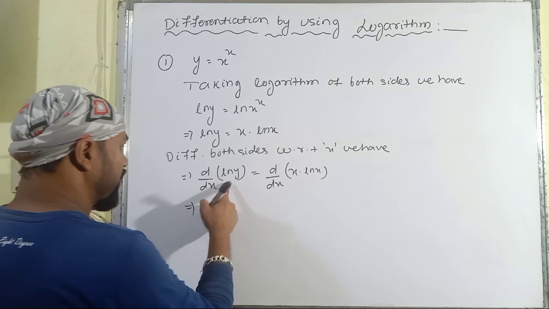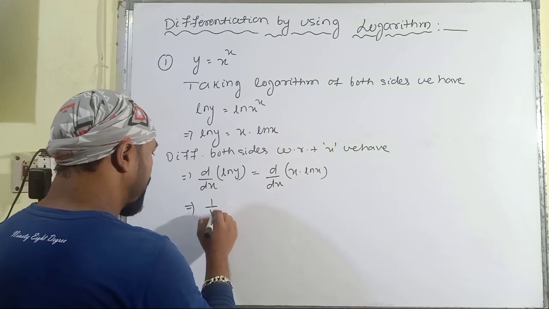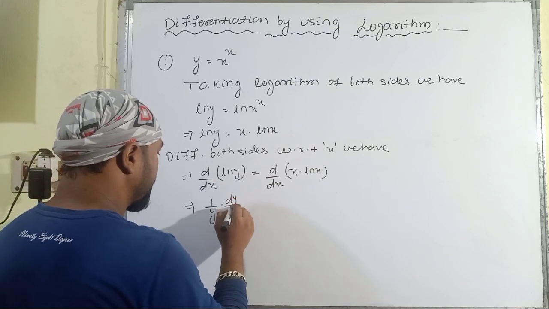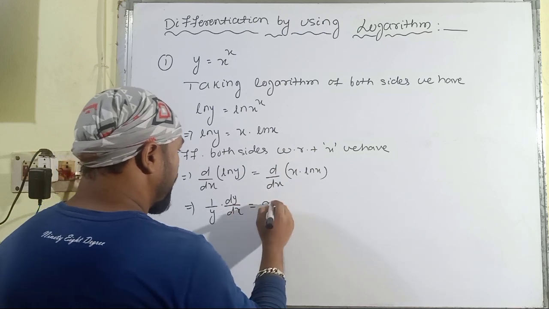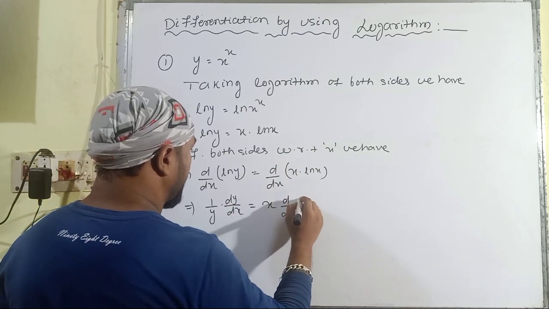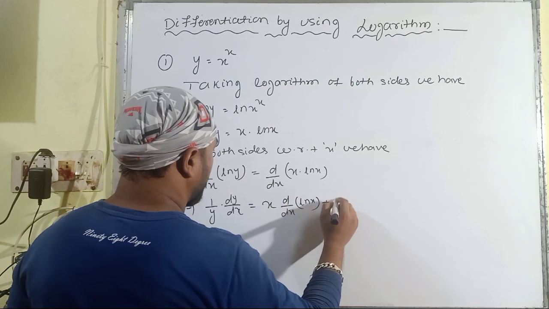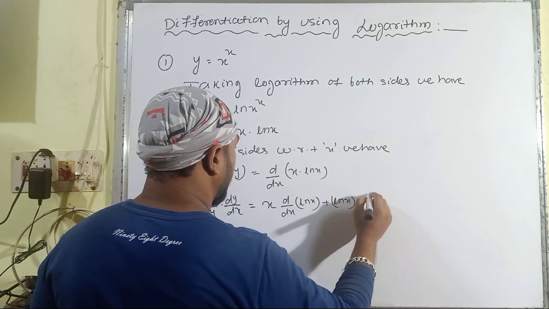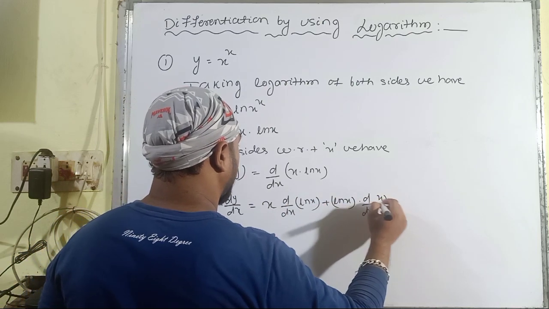Then by applying the chain rule in the left hand side, we have 1 upon y dy upon dx is equal to x multiplied with derivative of ln x plus ln x multiplied with derivative of x with respect to x.